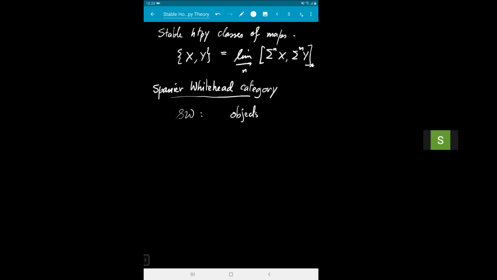So the first attempt at achieving that is the Spanier Whitehead category. The objects are CW complexes, and morphisms in SW are these stable homotopy classes of maps.